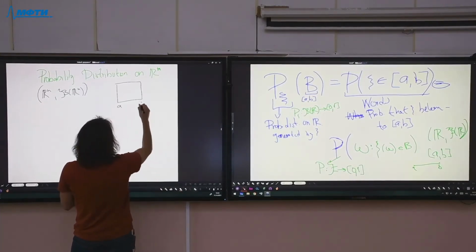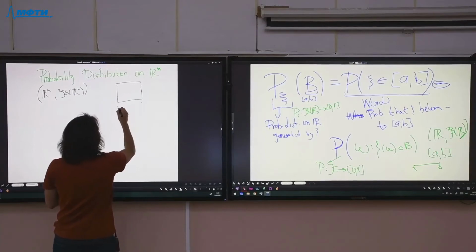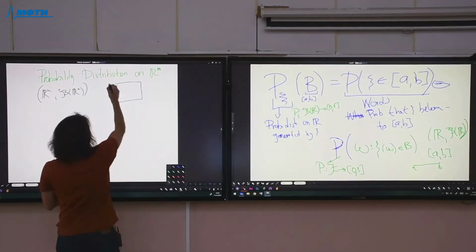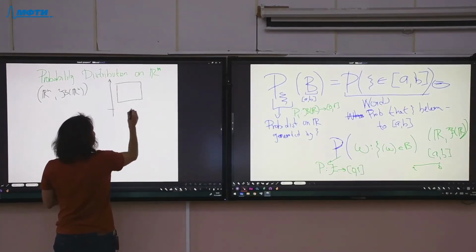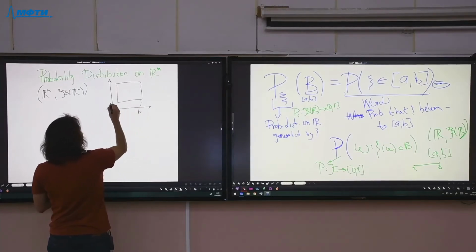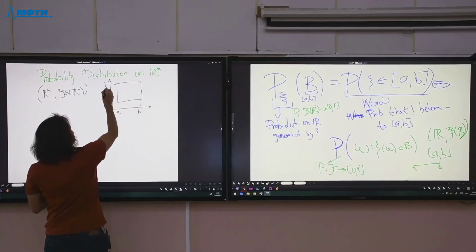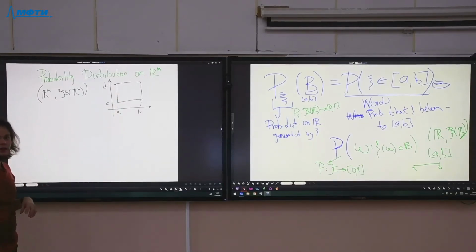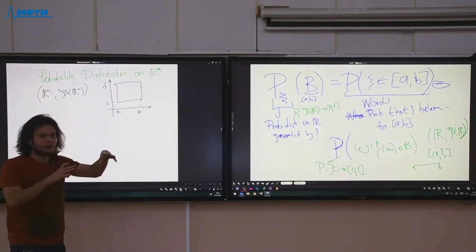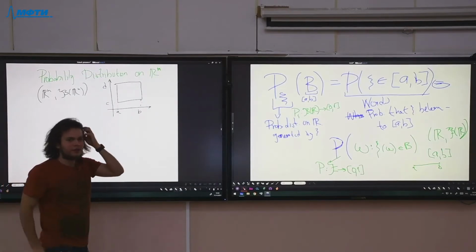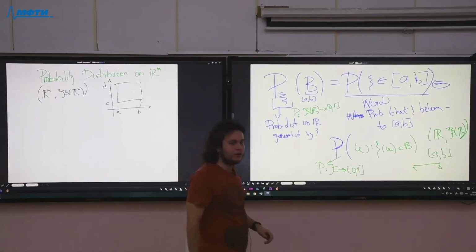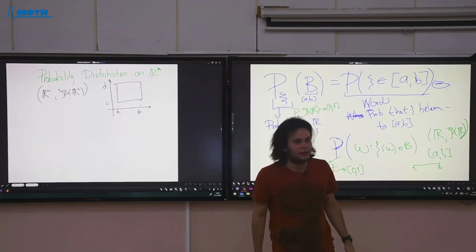Just a sec. A, B, C, D. So squares. It's basically the same plane, X and Y. Now we just have a square, like not only AB, but A, B, C, and D.